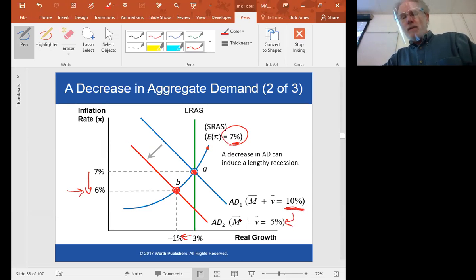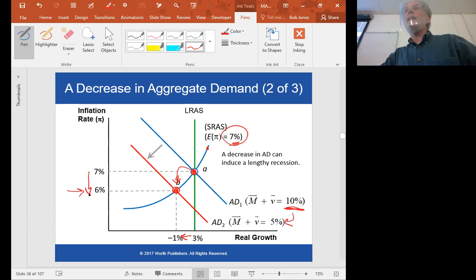Maybe the Fed cut back on the growth rate of the money supply. Maybe the velocity of money went down because consumers cut back on their spending or businesses cut back on investment. You remember, we got those four components. Whatever, if one of those things changed, it caused the growth rate of spending to go from 10% down to 5%, then aggregate demand decreases. And in the short run, we move from here to there.